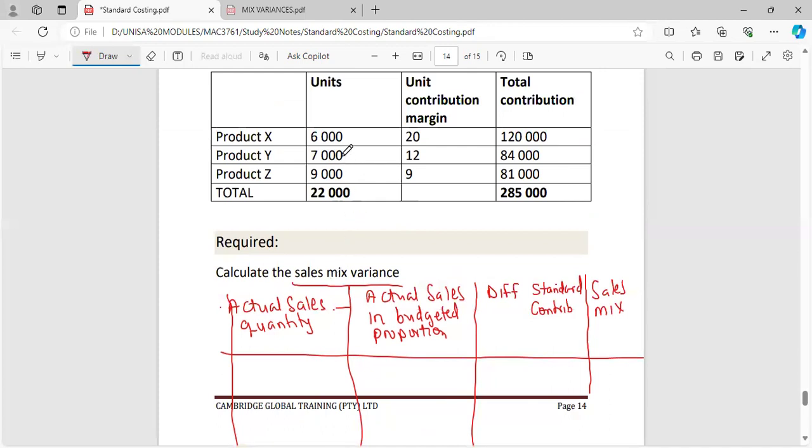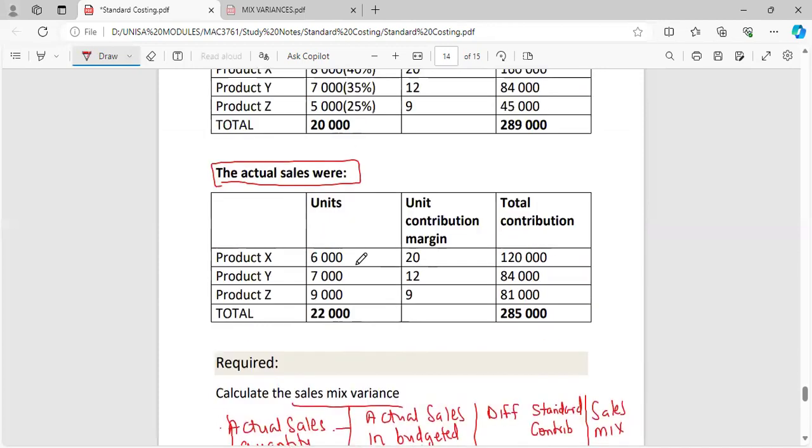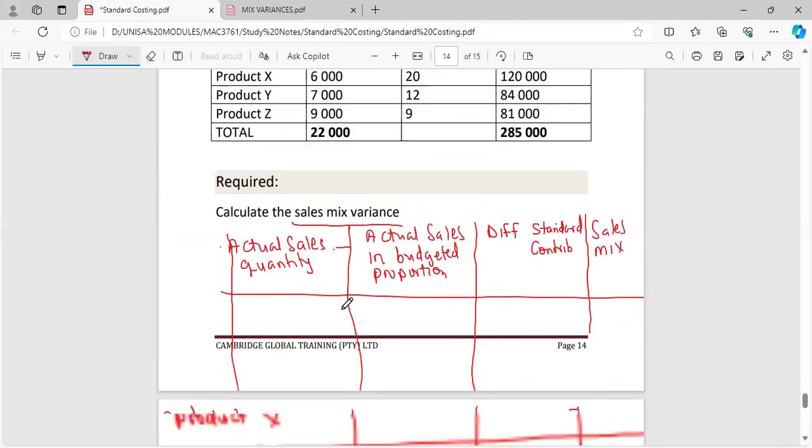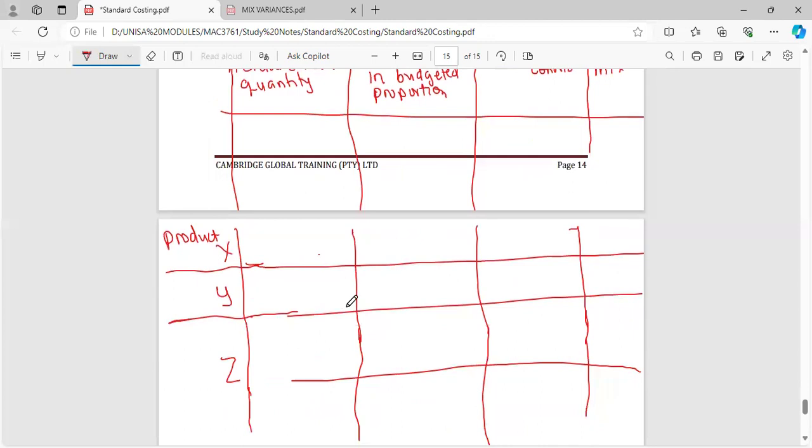The actual sales quantity is going to be 6,000, 7,000, and 9,000.